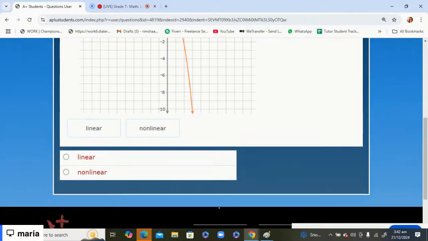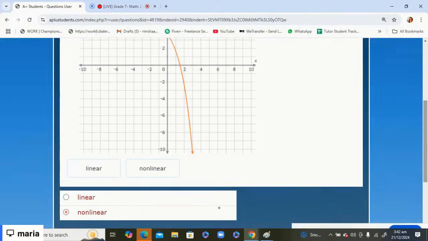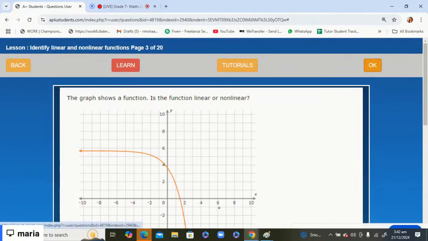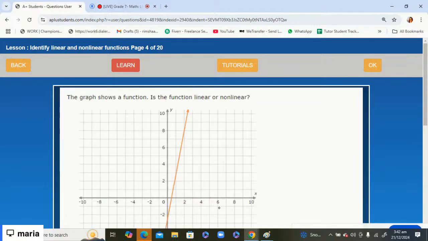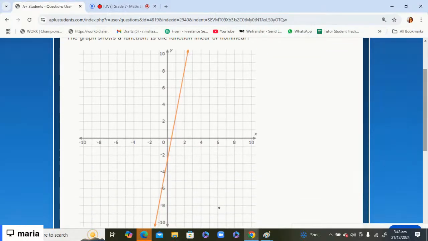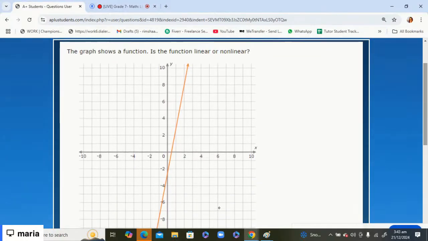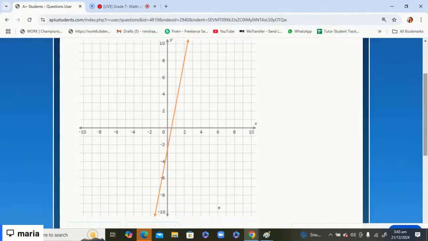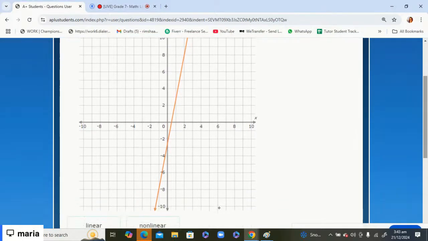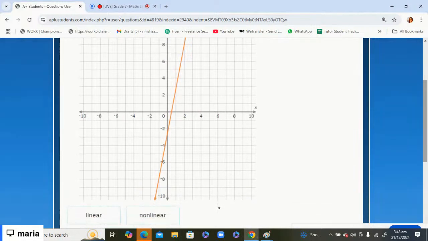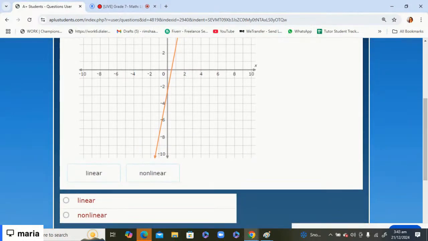This is non-linear because the graph is not showing a straight line here, okay? Now check at this. This graph shows a linear function because here is a straight line. So you can say that yes, this is a linear function.